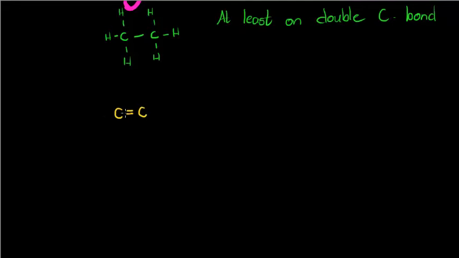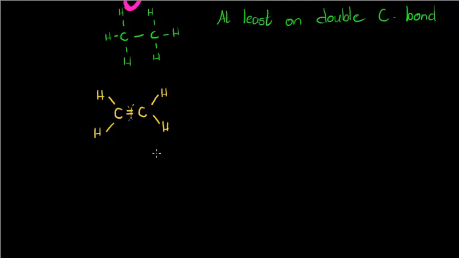When the carbon is double bonded to another carbon, it means this first carbon is sharing two of his valence electrons with two valence electrons from another carbon, which means he's got two valence electrons left, which he would share with a hydrogen, and this one will do exactly the same. So this is the simplest alkene that we can get.